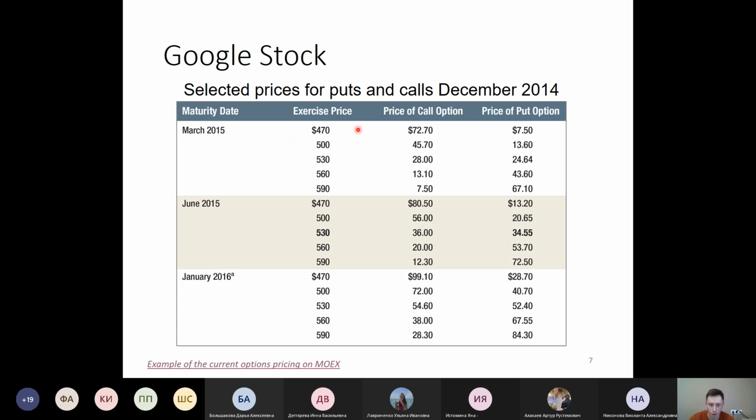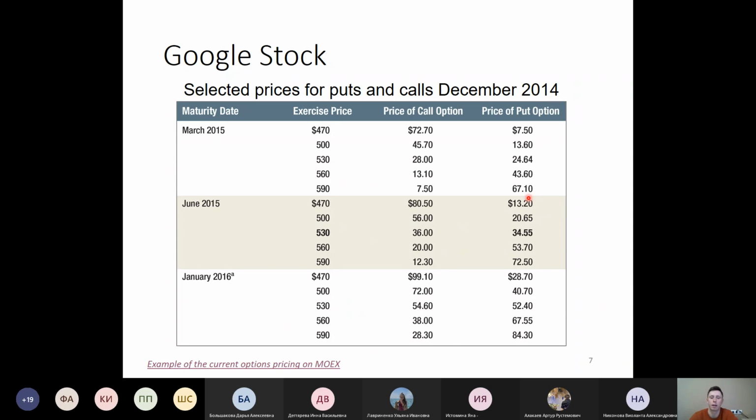So here we have the higher the exercise price, the lower would be the value of the call option, and the higher would be the value of the put option, because put option gives you the right to sell something.